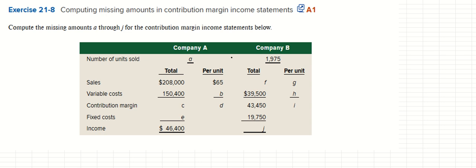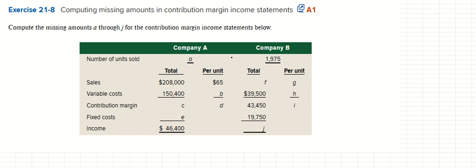It looks like they have provided us with the contribution margin income statements for both company A and company B. The first thing I like to do is complete the pieces that I'm able to complete based on the information or data that's provided to me.